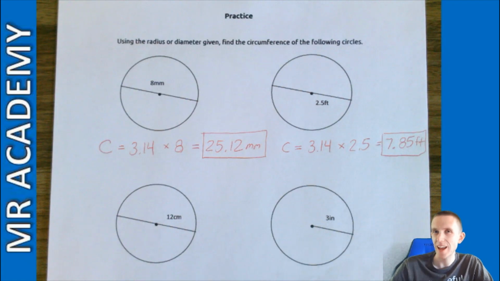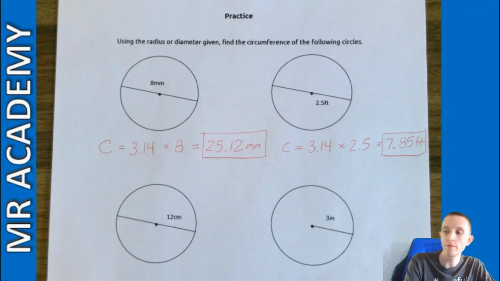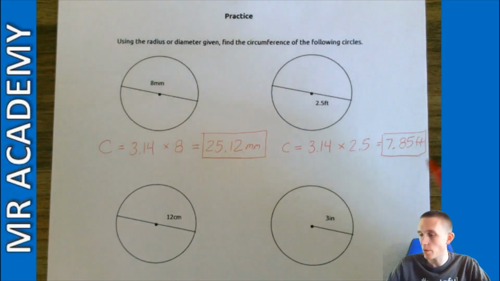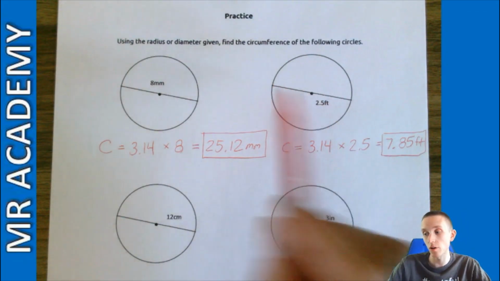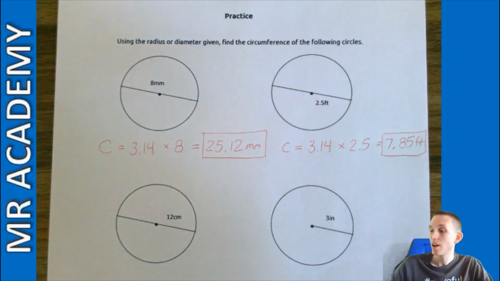That's something else that I have on this channel as well. So do feel free to check that out. In this case, we're just going to keep the decimals on there. We know it's only 2 numbers after the decimal point. That's fine. Okay, 7.85 is our answer for that one. So that would be, if our distance across our circle was 2.5 feet, the distance around the outside of the circle would be 7.85 feet. Kind of cool.